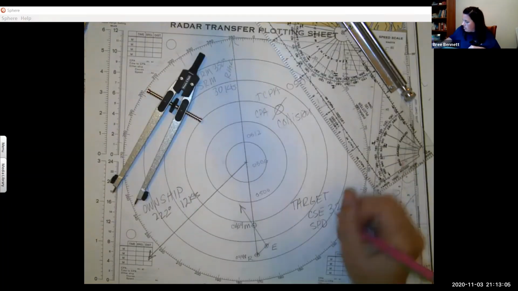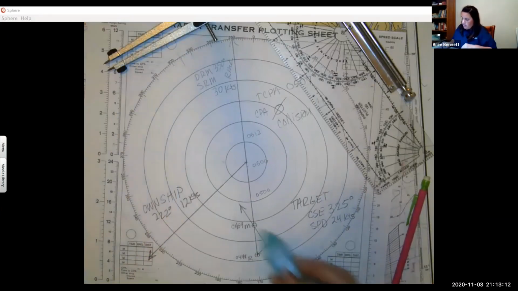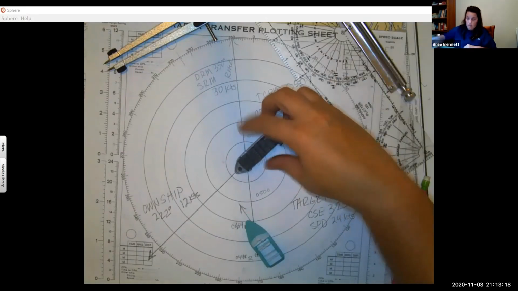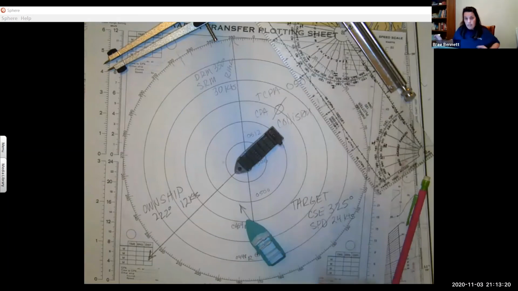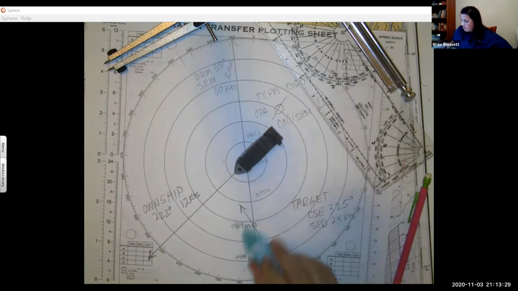So their speed is 24 knots. So let's see what's going on here. We're relatively moving slow. We're moving at 12 knots. They're moving at 24 knots. And we have a 0 CPA.